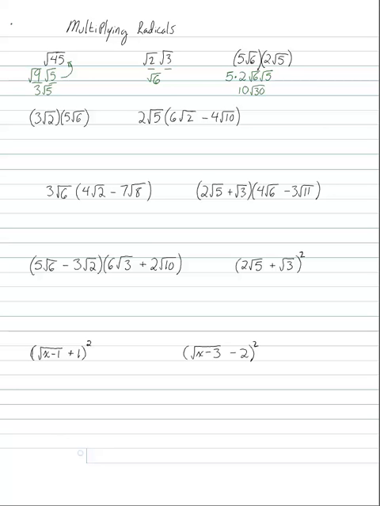You do always want to check to make sure that your radical isn't simplifiable. So I'm going to go ahead and do a quick factor tree. 30, 10 and 3, 5 and 2. So I would be able to rewrite 30 as 5 times 2 times 3.